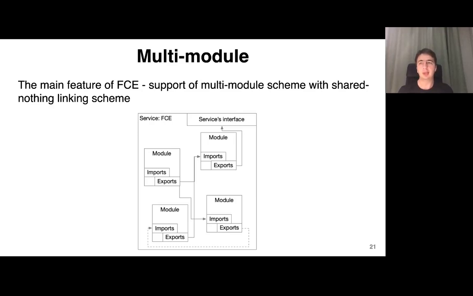In shared everything, a module can share everything, like memory, tables, and so on. In shared nothing, the only things that can be shared and linked between modules are imports and exports. Here you can see a scheme where one module is linked to another only by corresponding imports and exports. This is the only scheme that FCE supports now.